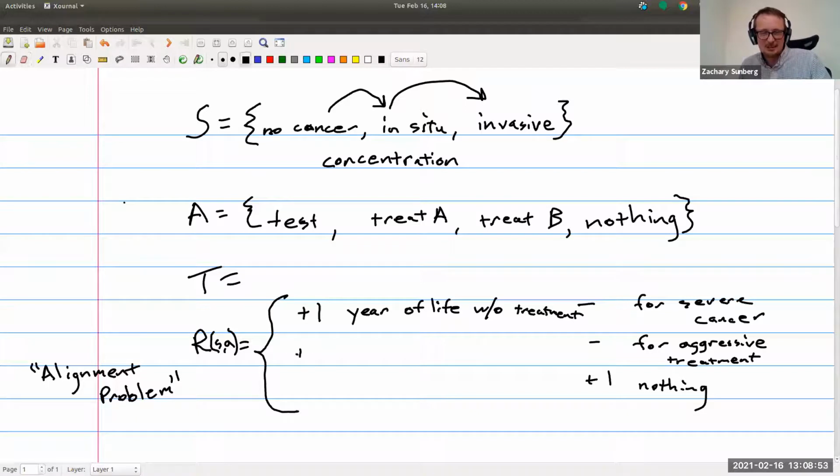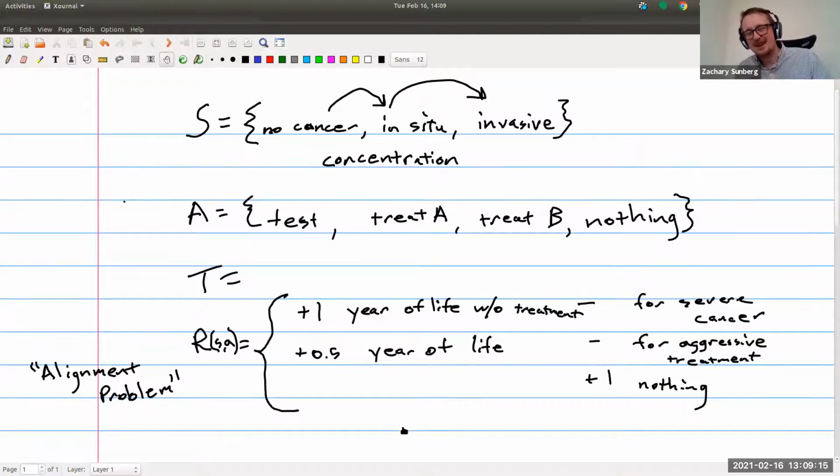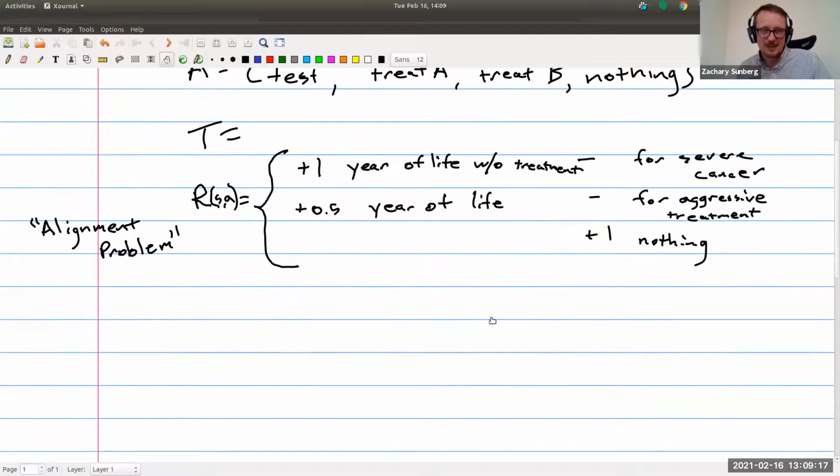And then plus 0.5 for a year of life with invasive treatment, something like this. And if a patient actually dies, then you don't get any more years of life, so that disincentivizes that. So the reward function is very subjective. There are a lot of ways you can do it, but I definitely like what you guys said.